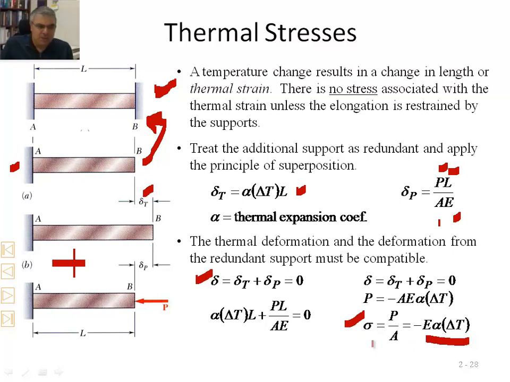So we are going to use these equations to calculate the stresses as a result of thermal expansion, or delta T and alpha. In this equation, remember that we need to have delta T, the temperature difference, and the coefficient of thermal expansion, and we pretty much eliminated the length L. That's important to realize.